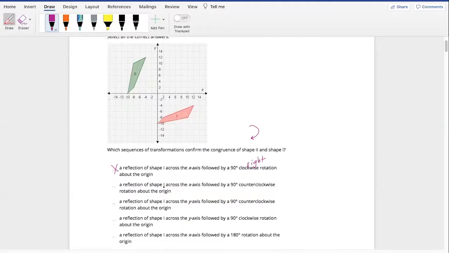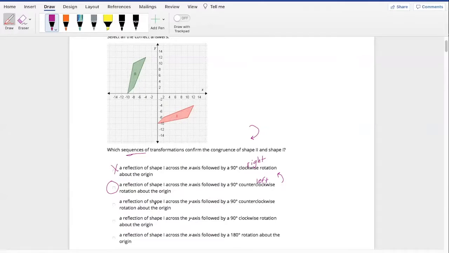A reflection of shape 1 across the x-axis, so up here, you can think of it flipped upside down, and then counterclockwise, so that would be rotating to the left. So if it's flipped upside down and then it's going to rotate over here, yes, that one would work. It does say which sequences, so we have to go through all of them to see which ones work.